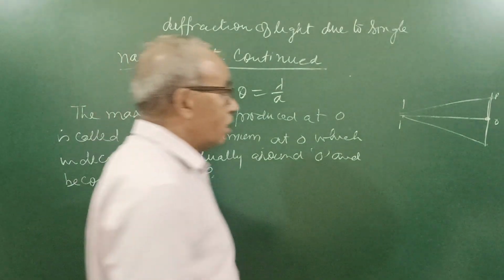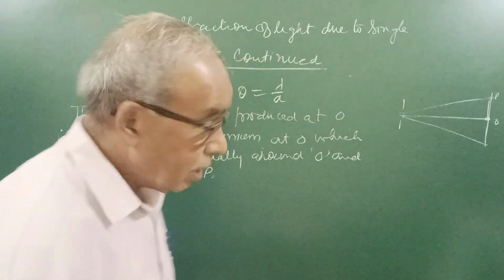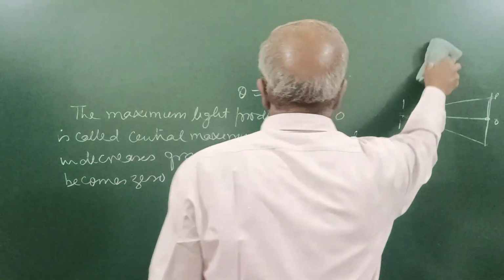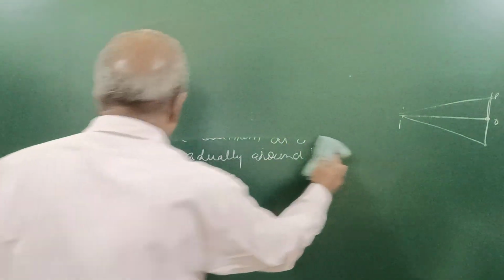Now, along with the central maximum, there occur secondary or subsidiary maxima also, whose intensity is very low.